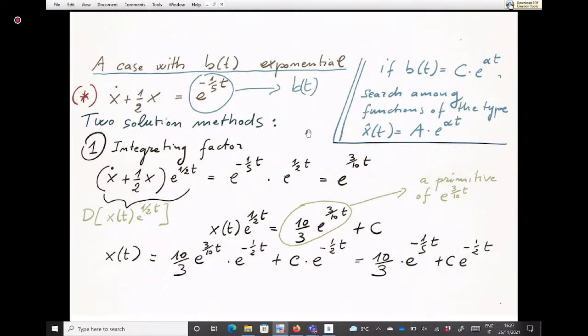Okay, so this is basically the extension of our model to the case where b(t) changes in two very simple situations.